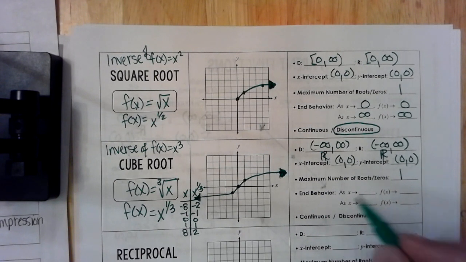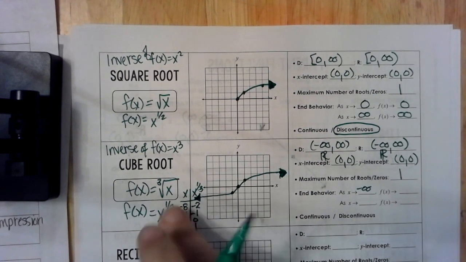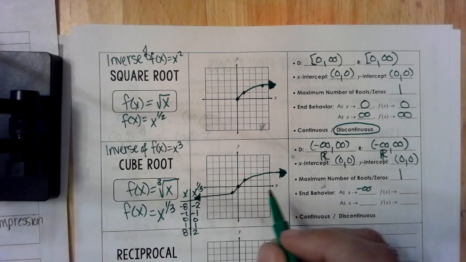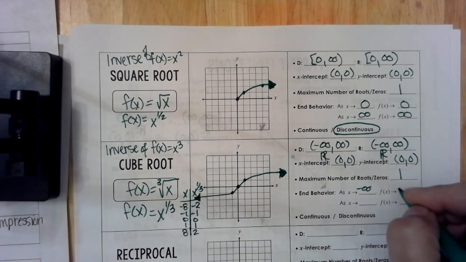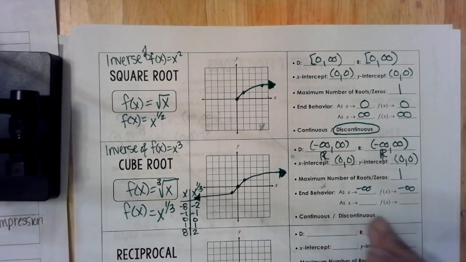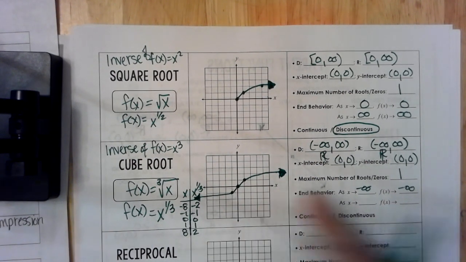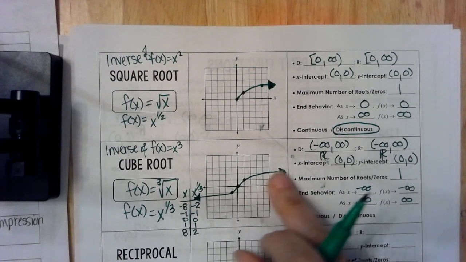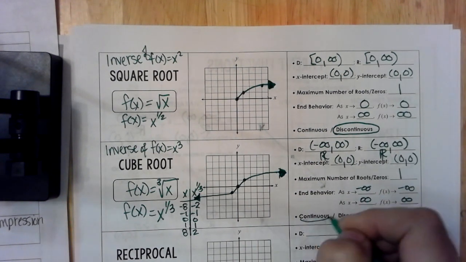As x gets closer and closer to -infinity, our y's are going to go to -infinity because they're continuing to fall. As you go to positive infinity, our y's are also going to continue to grow bigger and bigger, which makes this continuous.